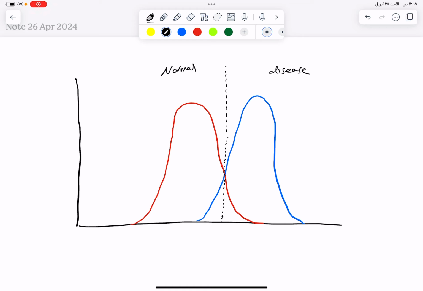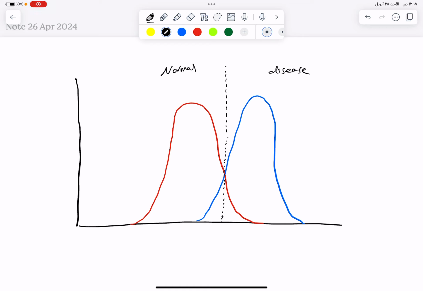On the question, either they say increased positive predictive value, increased sensitivity, decreased specificity, increased false negative result, decreased false positive result, and so on. So how to solve this question?